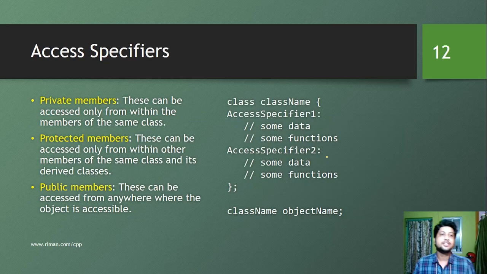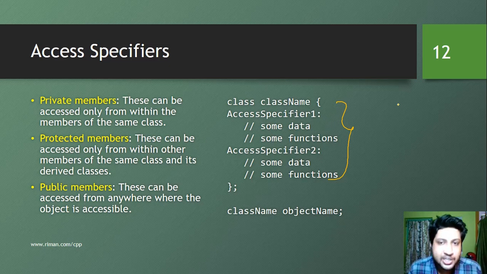So what do they do? Private members can be accessed only from within the class members of the same class. That means if we have a private member, it has visibility only to this particular portion. That means no one outside the class can actually see what is happening in the private members. Protected members are a bit complicated, but for now you can consider them as private as well.